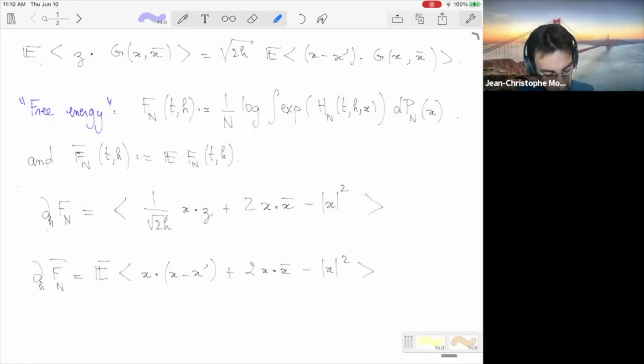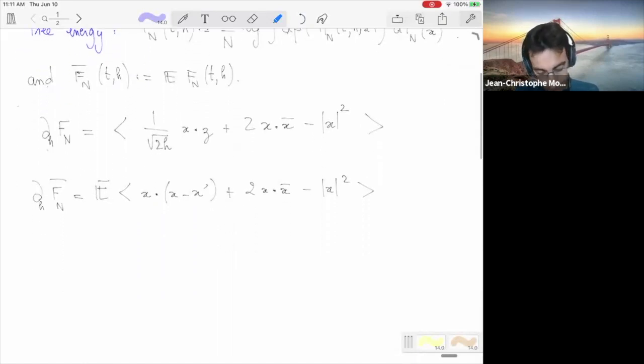And this property of Nishimori tells us that when we compute the expectation of x dot x prime, it's the same as the expectation of x dot x bar. So I have 2 times x dot x bar here and minus 1 time x dot x bar, so overall there remains exactly one of these guys. So the derivative here is the expectation.